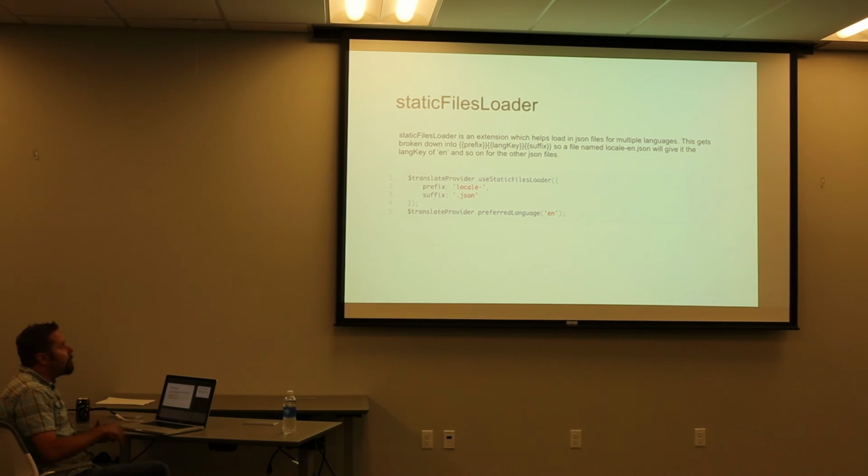Have a JSON file for each language, and with the translate provider you see the prefix and the suffix. You have all your locale-en.json, locale-fr.json. This will split it apart, and you can set the language key for that, so it's easier to populate the content with whatever language you need.